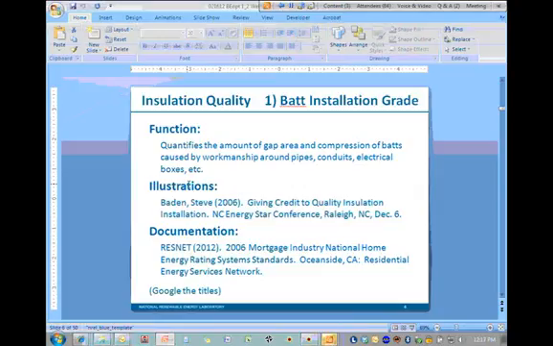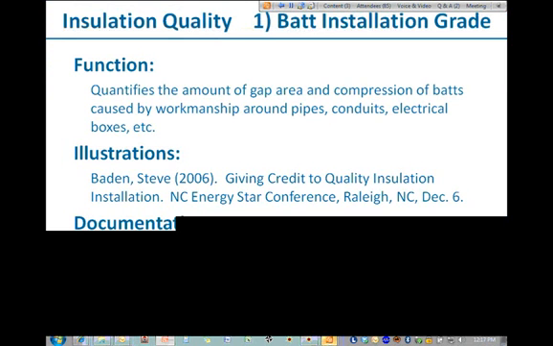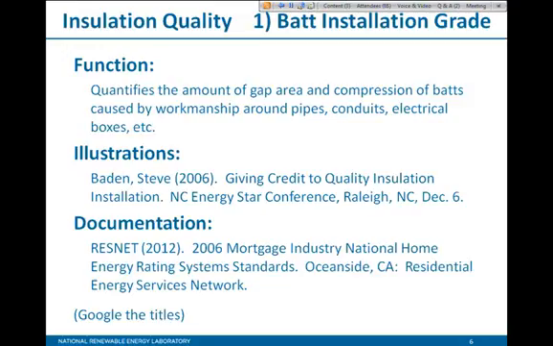If you want to become familiar with that, this first reference, Steve Baden's slideshow that he gave to an Energy Star conference, has illustrations that show the difference between what grade 1, 2, and 3 mean. Grade 1 is the best, grade 3 is the poorest. And by the way, Energy Star cites ResNet procedures on this, so we're consistent with both ResNet and Energy Star.